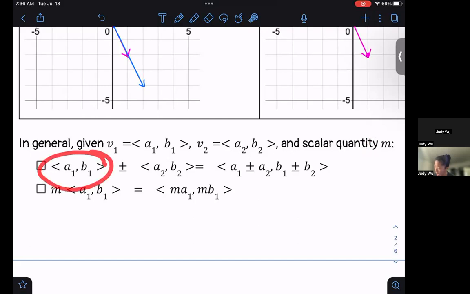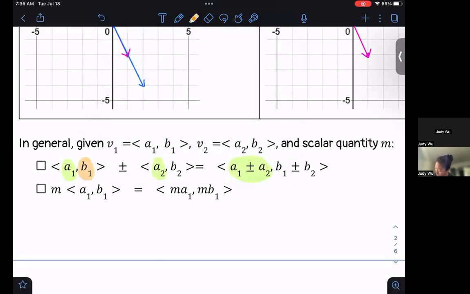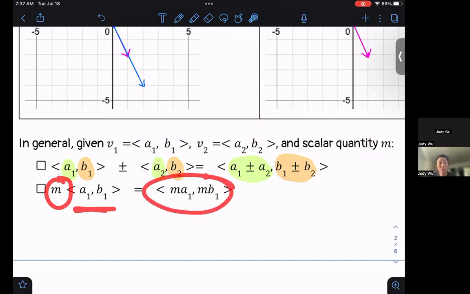If I wanted to add these two, a1, a2, I add the a's together. And if I wanted to add the whole vector, I'm going to take my b's and add them together as well. Okay, so it works exactly the way we want it to. And if we have a scalar and we want to multiply it, we just distribute it in like we would if it was parentheses, okay?